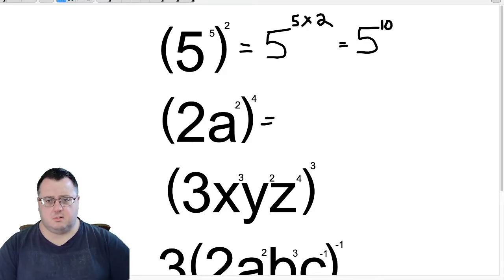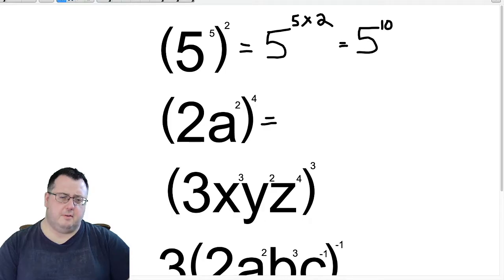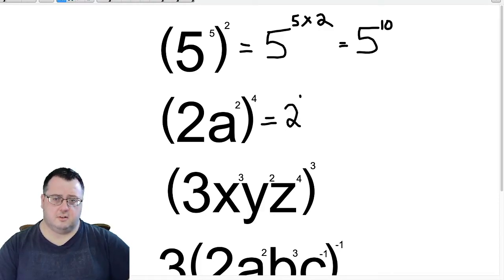Next, we're going to look at this one, 2a squared to the power 4. So, you might remember from the previous video you deal with the coefficients first, and that's what we're going to do here. The coefficient of a squared is 2, but if I raise that 2 to the power 4 first, and then I'm going to multiply by a to the 2 times 4.